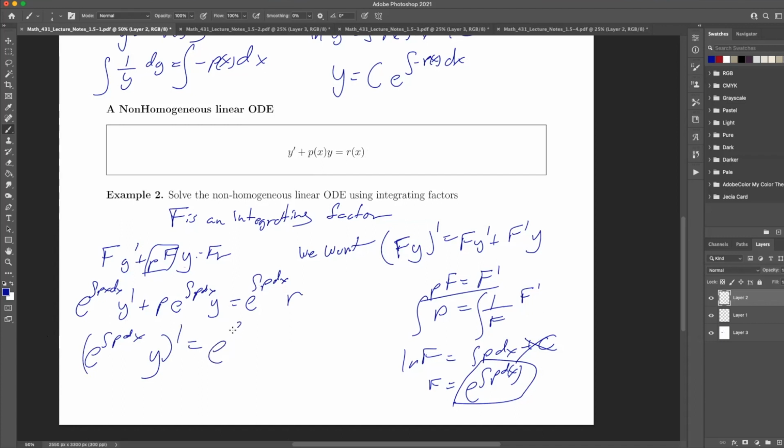E to the integral of p dx times r. And then here, just to solve for y, you integrate this, and then you divide by this.